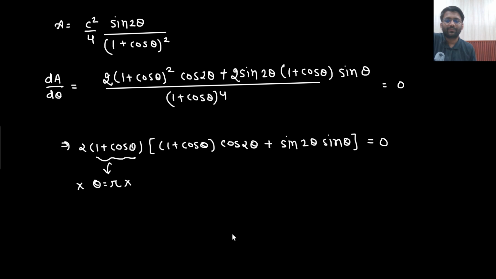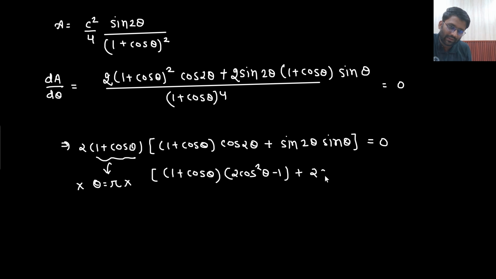So what do we do? What we can do is 1 plus cos theta into 2 cos square theta minus 1 plus 2 sin theta cos theta equals 0. So this bracket I don't need.